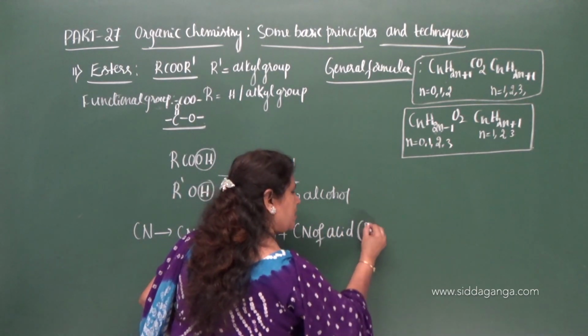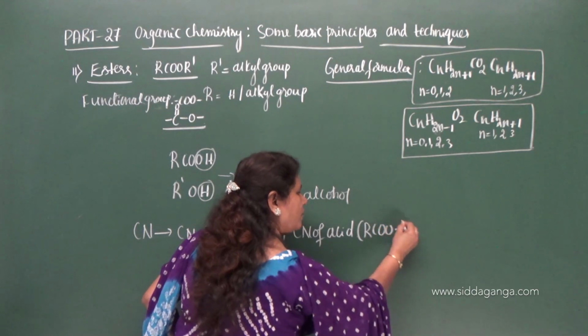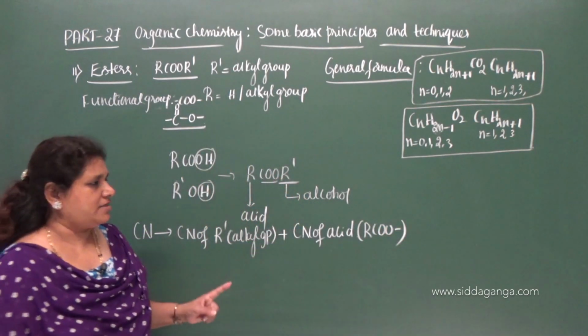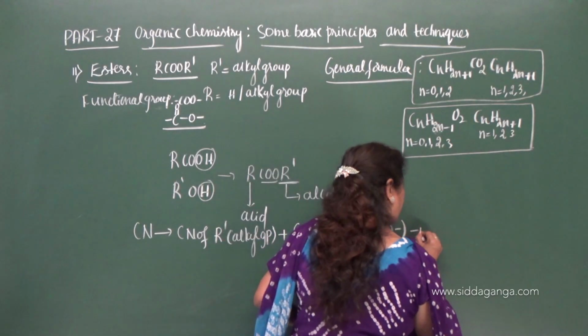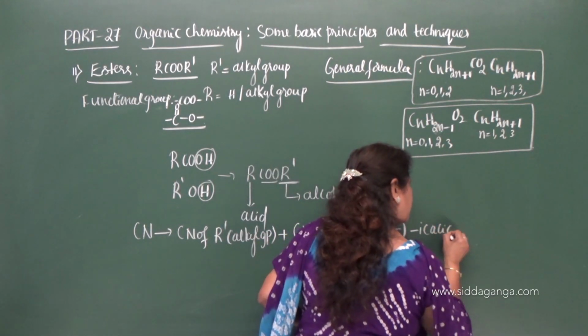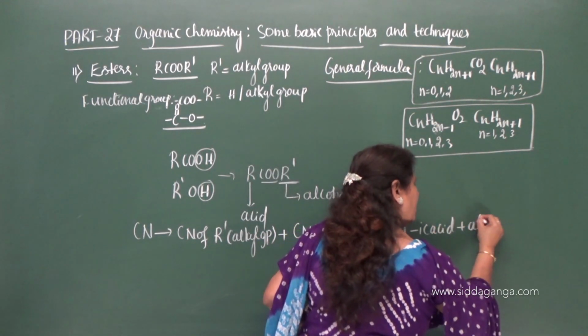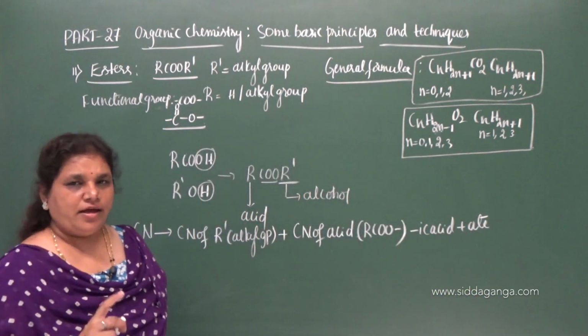Carboxylic acid means RCOO. We have to give the common name of the acid, from which you have to eliminate ic acid and add ATE.